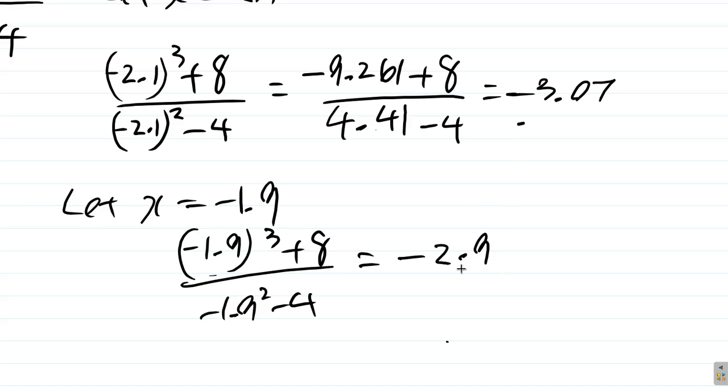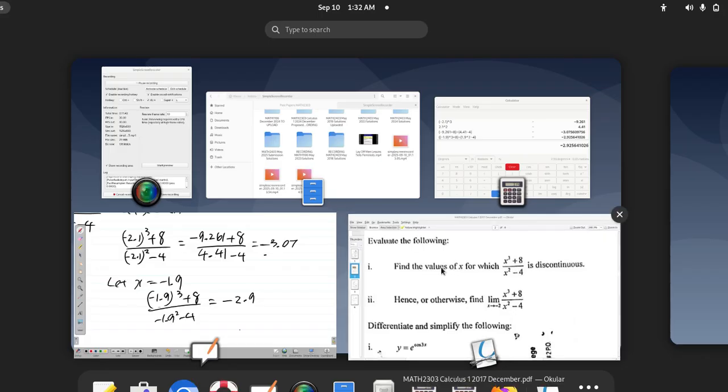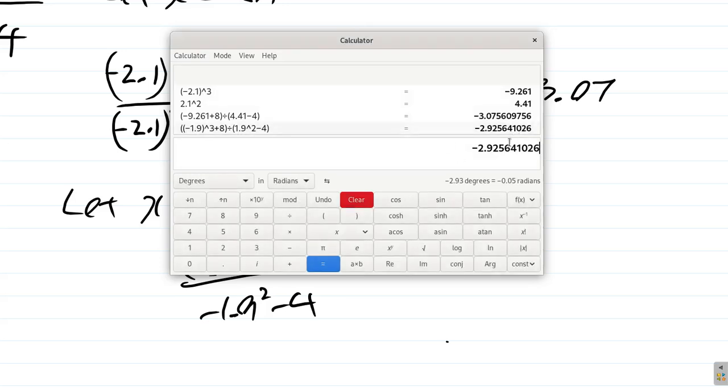Alright, you can see that. And suppose you choose to use, you're going close to negative 2. So suppose it was negative 1.999 cubed plus 8, and 1.999 squared here.